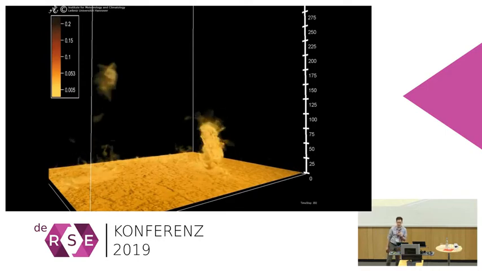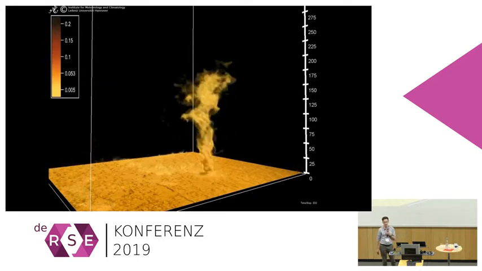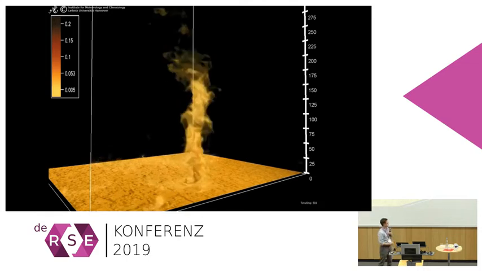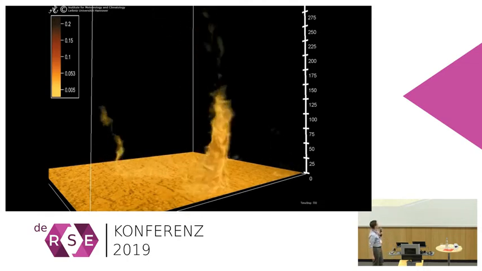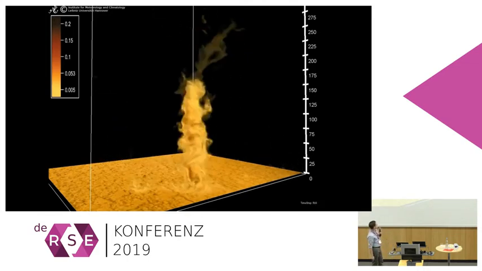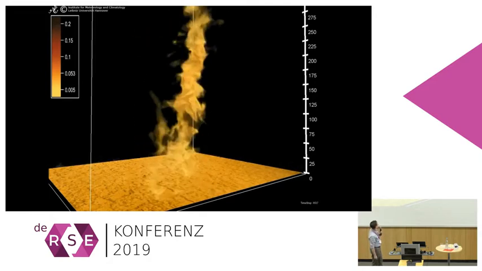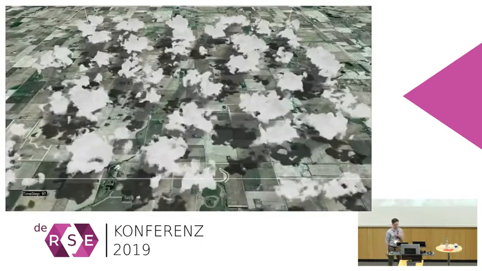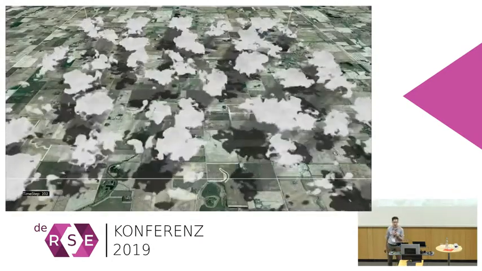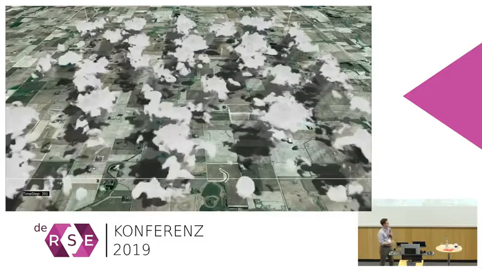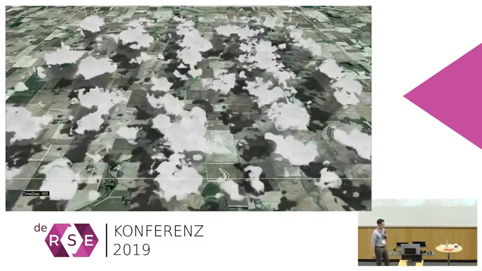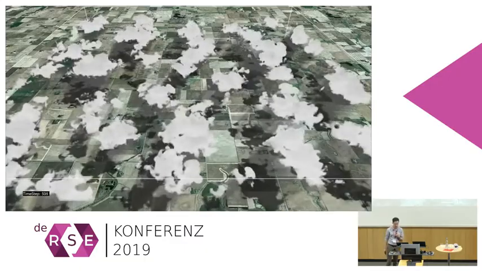For example, we can simulate dust devils. Dust devils are like these little guys in the atmosphere, where we can simulate the dust whirling around in eddies. We can also simulate shallow cumulus clouds and the interaction between the clouds and the surface below the clouds.